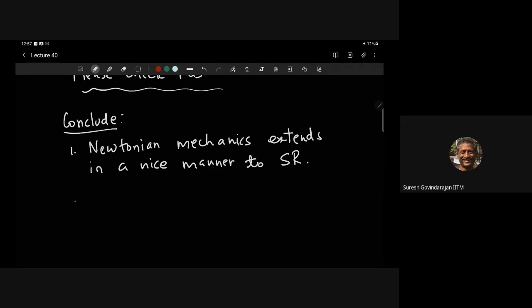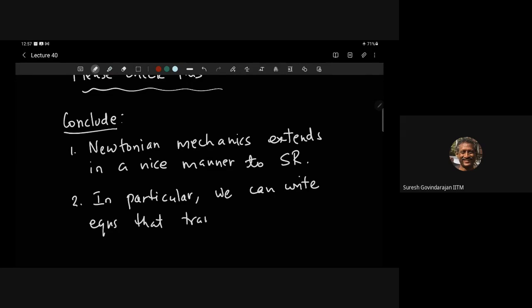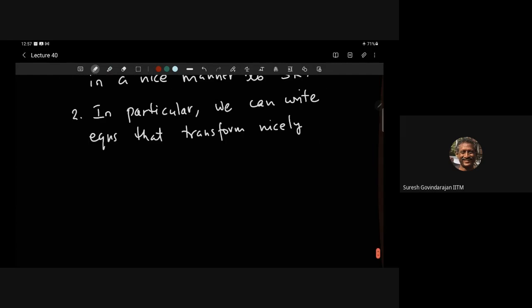And in particular, we can construct, or we can write out, equations that transform nicely under Lorentz transformations.